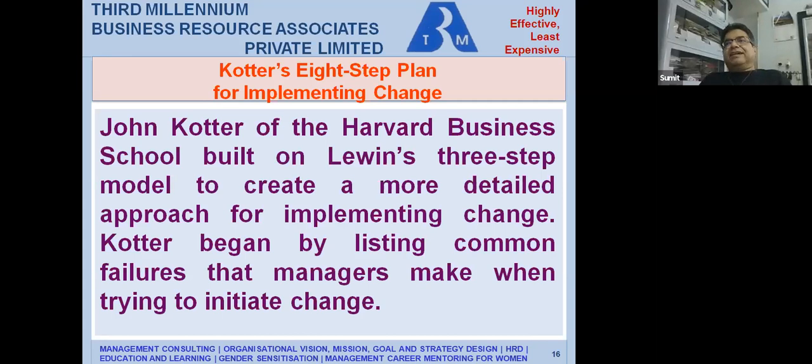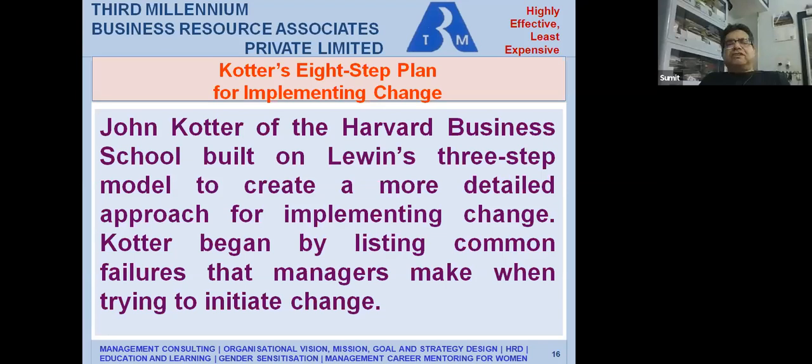The second part is very important. What did he do? His approach was, what are the mistakes that people are making? What are the common failures that managers make when they try to initiate a change? Why do OD and change management initiatives not give you the results you were looking for? He started with that. And that's a brilliant thing to do.